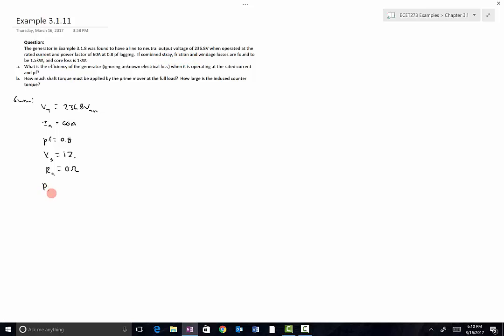So P_stray plus P_friction and windage is equal to 1.5 kilowatts. So two things have been lumped together. I'll explain that in a minute. And then P_core is 1 kilowatt.